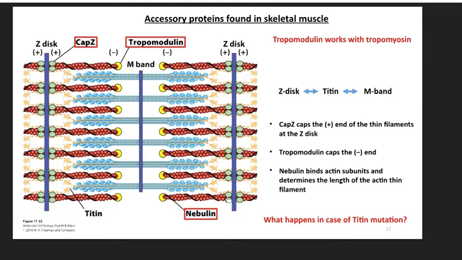And nebulin also determines the length of the actin thin filament. How long is it going to be? Also, the length is determined by the capping of CapZ at the plus end, so it doesn't let it grow further. So both of them work together to keep the actin filament at a certain length.